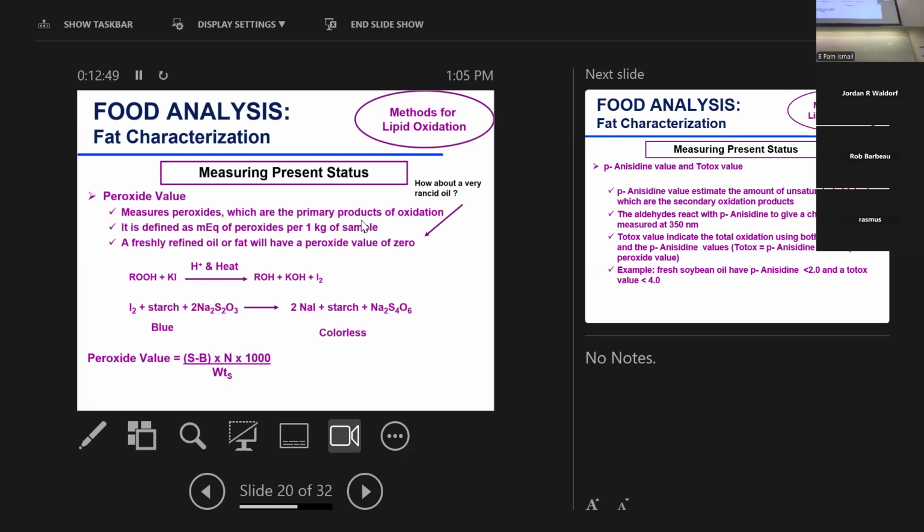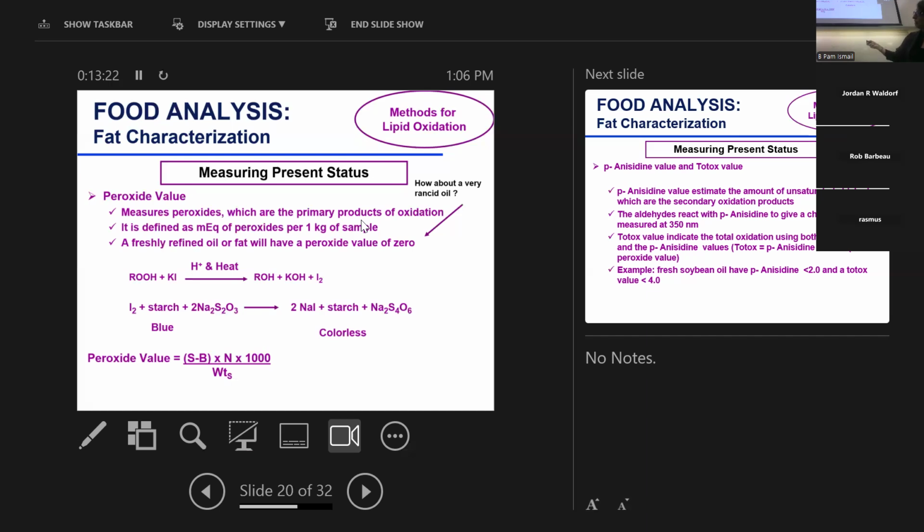So peroxide value measures peroxides, which are primary oxidation products, and it's defined as milli-equivalent of peroxides per kilogram of sample. That's the unit, milli-equivalent per kilogram. So if you have peroxide in your sample, you add potassium iodide, it will react with the peroxide, it will give you iodine.